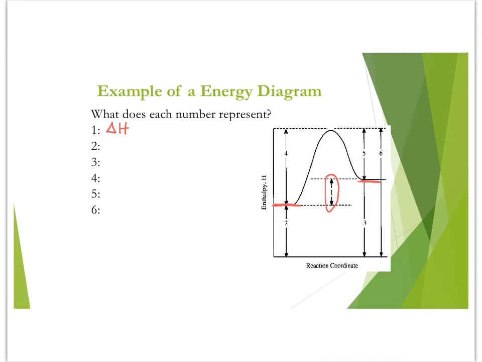It's always going to be the difference between your starting flat part and your ending flat part. Now for this diagram, my products are ending with more energy than my reactants. So if there's an overall gain or absorption of energy, this would be an endothermic graph. And the delta H would have a positive value because I'm obtaining more energy overall.